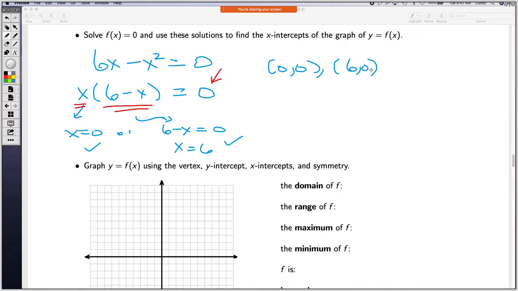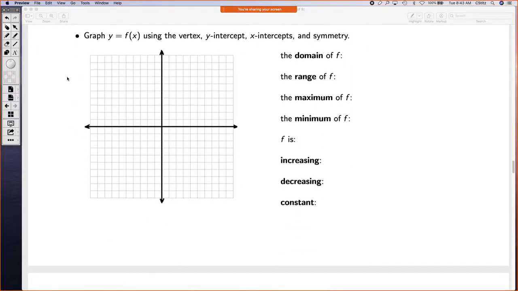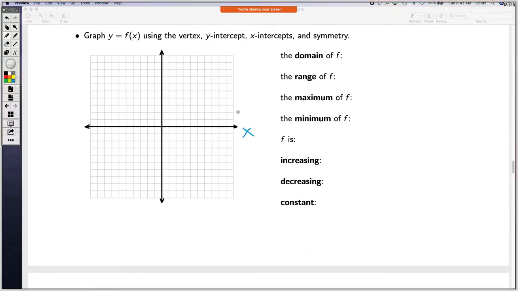And so with our vertex and our intercepts, we can now sketch a reasonably good graph of our parabola. So the vertex was what? (3, 9). The y-intercept was one of the x-intercepts, (0, 0).